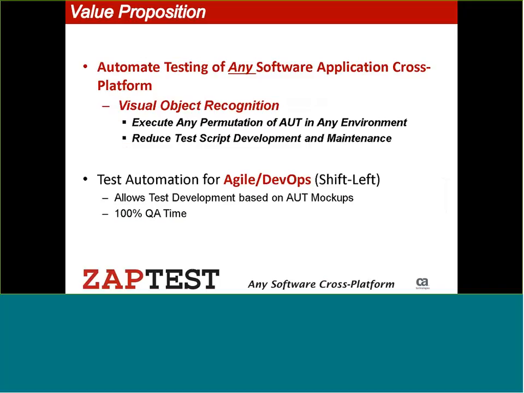The test automation for Agile Shift Left allows test development based on what we call mockups. And again, this complements our message in service virtualization as we shift left.